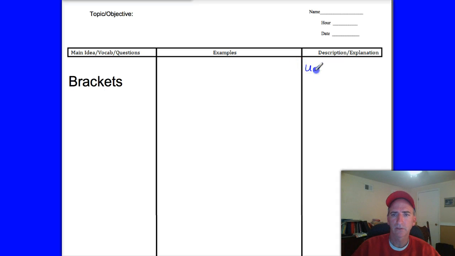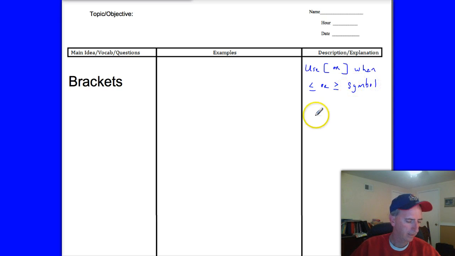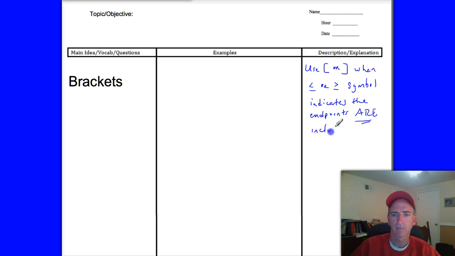Use the bracket when the less than or equal to or greater than or equal to symbol indicates the endpoints are included as solutions. Okay, so this would look something like this.